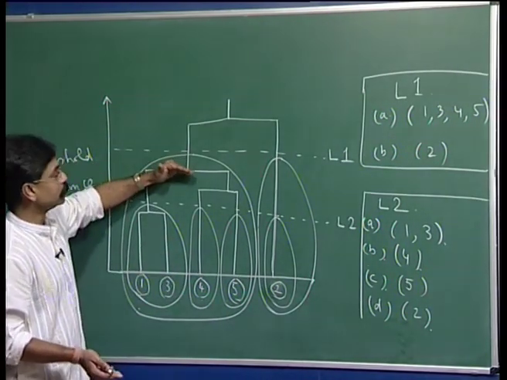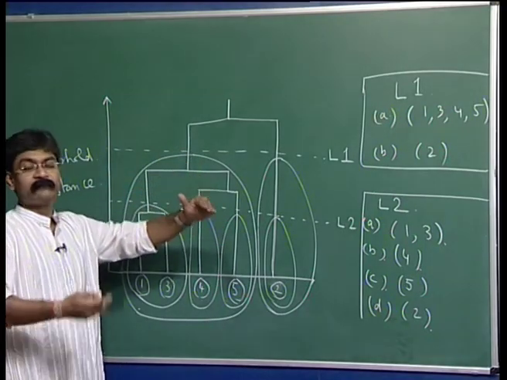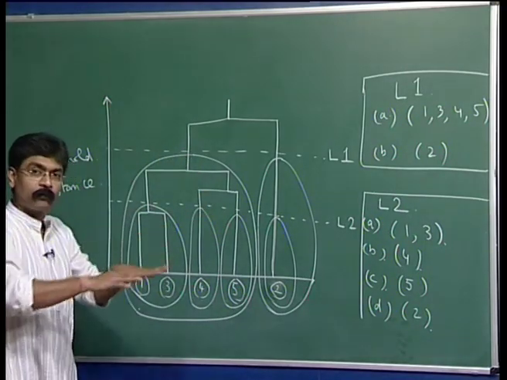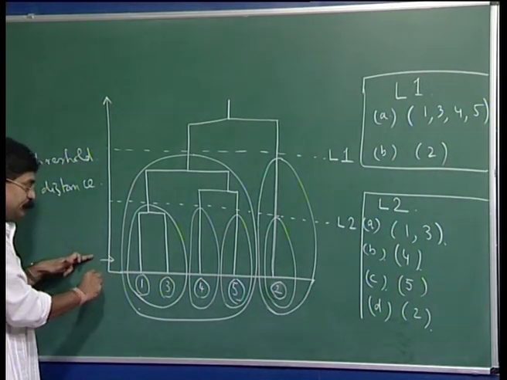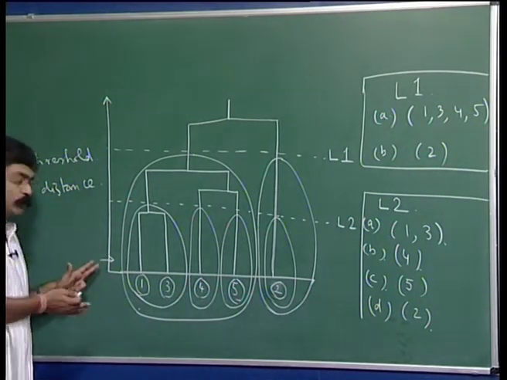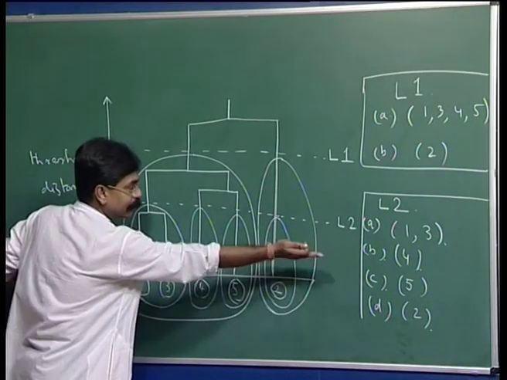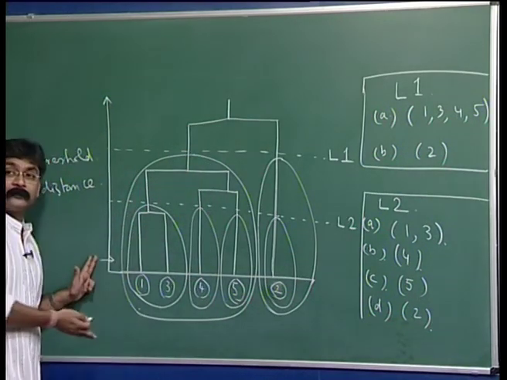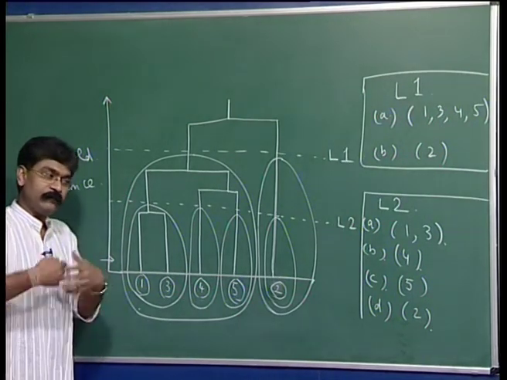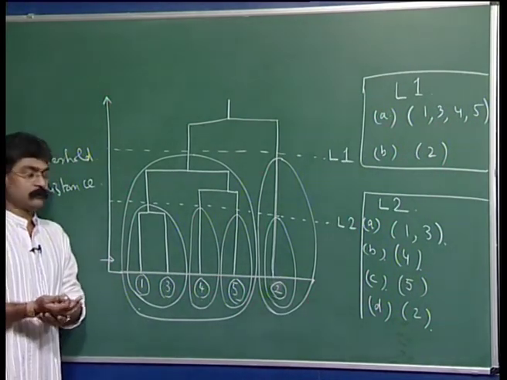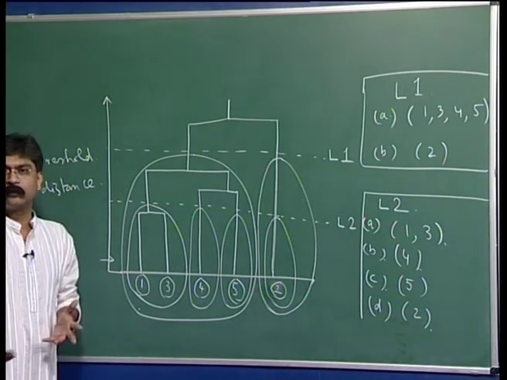As you go down, as you make the resolution level finer and finer, you will have more and more clusters. If you come down to this particular level of resolution, where the threshold distance is very low, you will accordingly have a similar line to what we had for L1 and L2, and then you will see that all the cases are separate clusters. So, if the resolution level is so fine, then all the cases would look different.